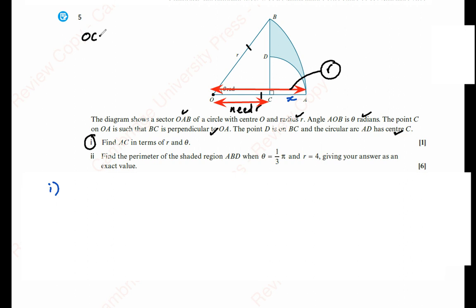If I can find OC, and I see it's in a right angle triangle, this side is my adjacent side. And what's adjacent over hypotenuse? Cos, right? So cos of my angle theta is equal to OC over R. So if I go R cos theta, that's going to be OC.